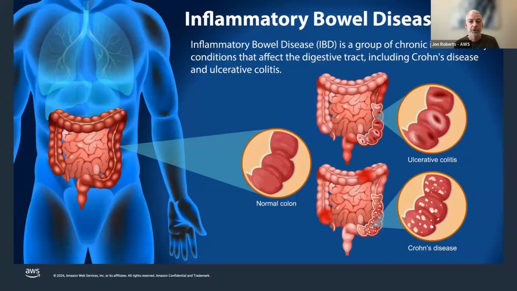So if you're not familiar with inflammatory bowel disease or IBD, it is a group of inflammatory conditions in the digestive tract. Crohn's disease and ulcerative colitis are examples of IBD. Ovation's data increases the probability of success for doing drug discovery by enabling the identification and validation of biomarkers and therapeutic targets.